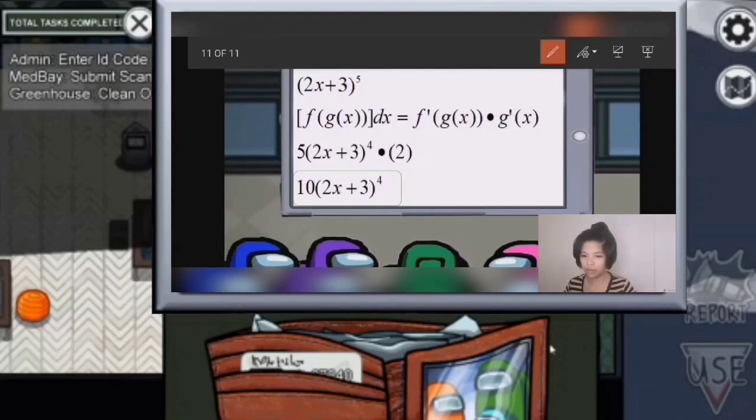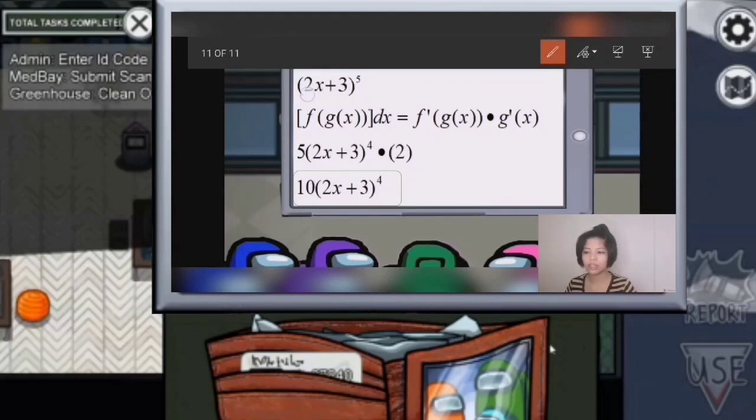So the quantity of 2x plus 3 to the 5th power would be our example. So note that we also have to look at our g of x, which is 2x plus 3 as the x of our f.